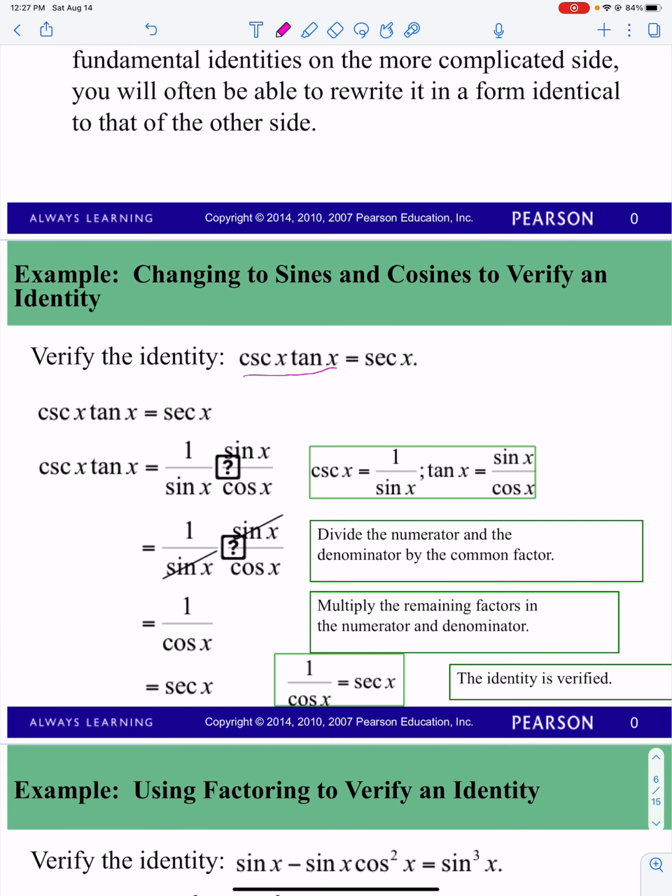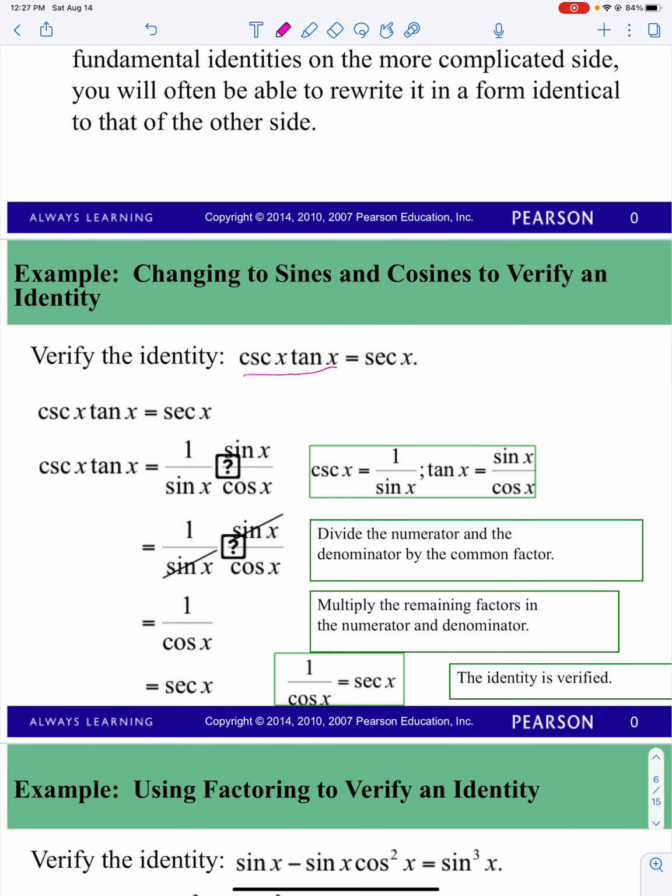Cosecant x times tangent x. Typically we start with the complicated side. So cosecant x times tangent x. On the right side we want secant x, so maybe we want to rewrite in terms of sine and cosine. So this is 1 over sine x times sine x over cosine x.